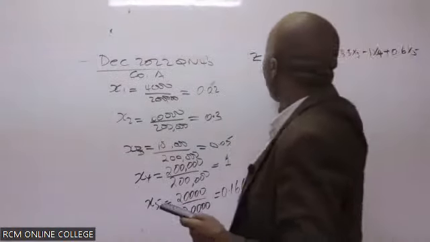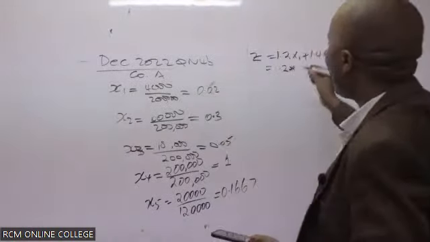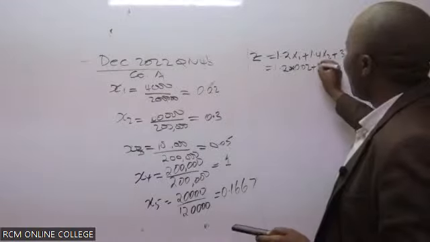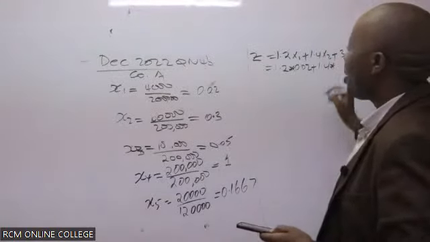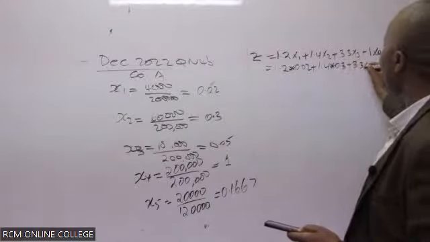So then we have here 1.2x1. So x1, what is the figure? It is 0.02, plus 1.4x2. X2 is 0.3, plus 3.3x3.